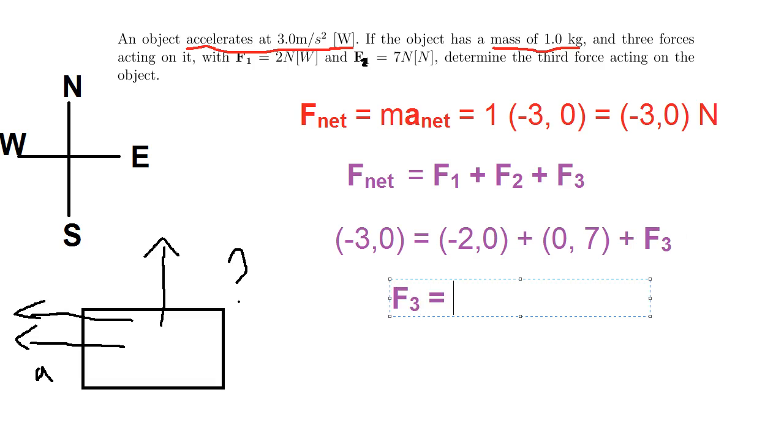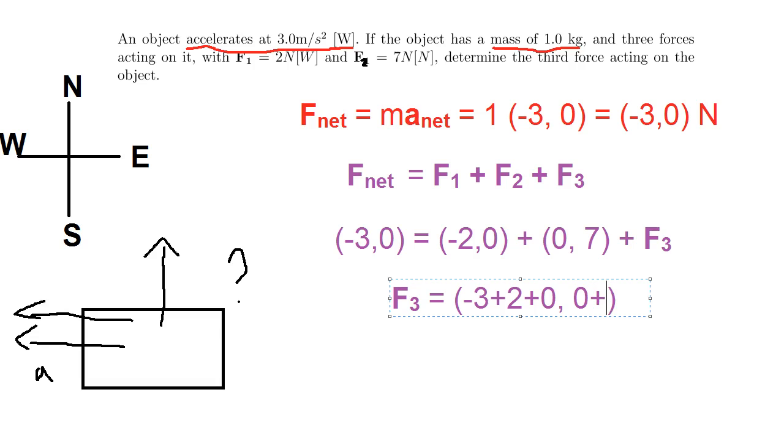If we take a look at the x-coordinates, we're going to be taking negative 3. We're going to be adding 2 to it, and then we're going to be adding 0 to it when we bring over these things from the other side. Likewise, in the y-coordinate, we have 0.